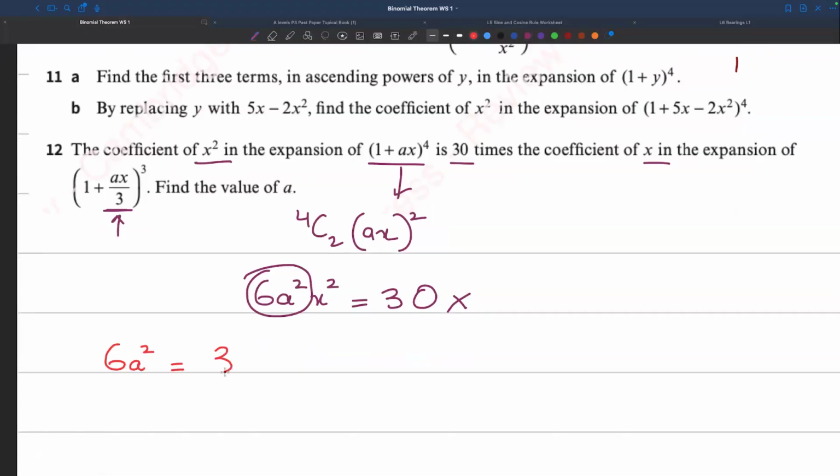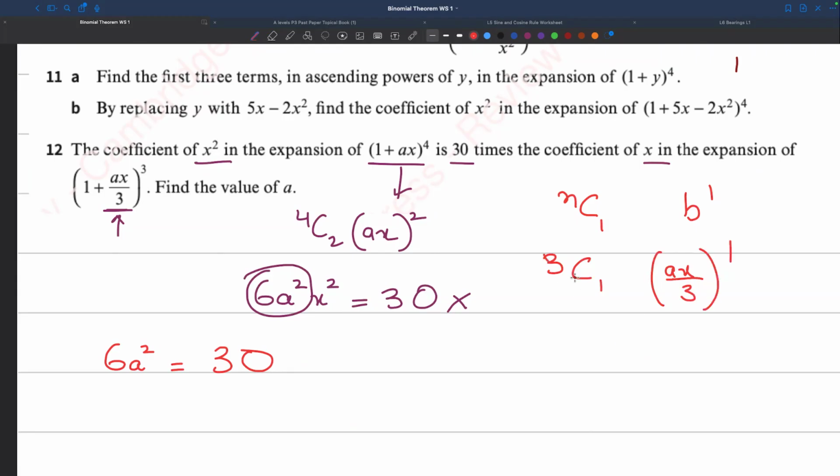It is 30 times the coefficient of x. So for coefficient of x, what will I do? 4C3. Nahi, 3C3, 3C2, 3C1. b power 1 होता है. हाँ, 3C1 is b power 1 now in the formula, right? If I write NC1, b power 1 होता है ना. So you will write 3C1 ax upon 3 to the power of 1.